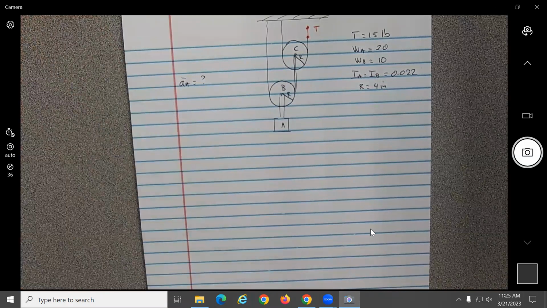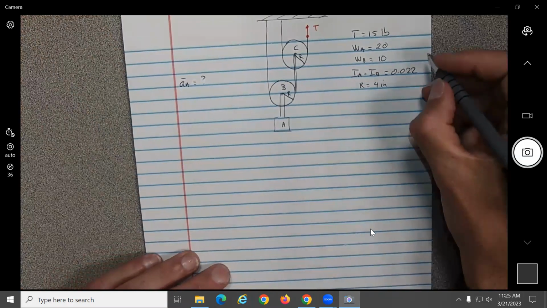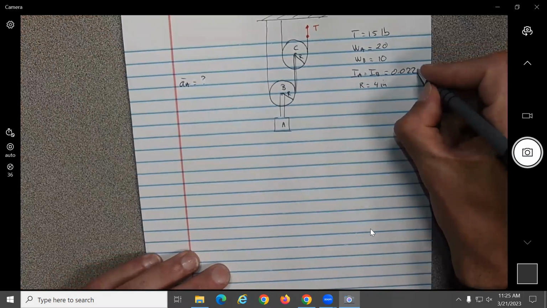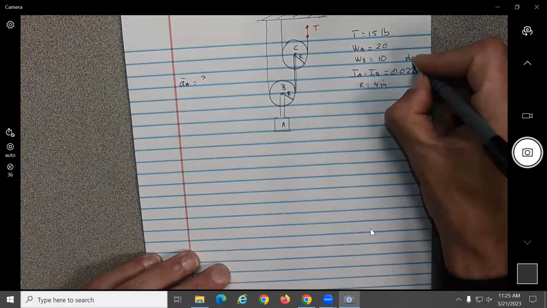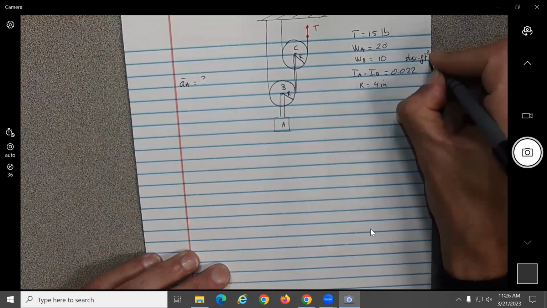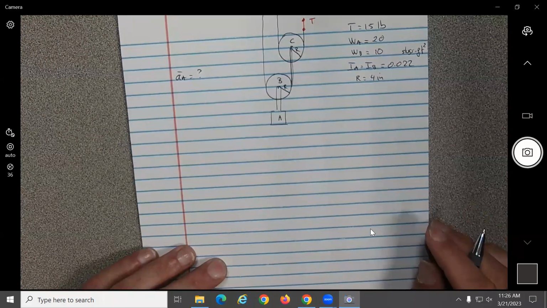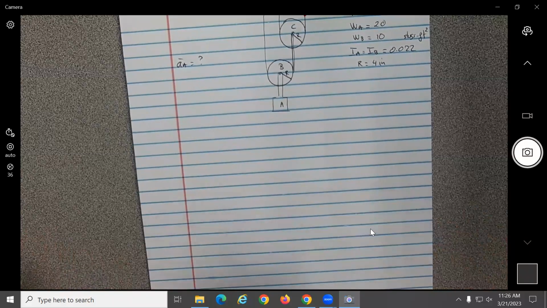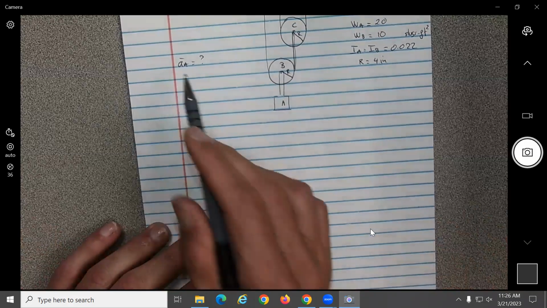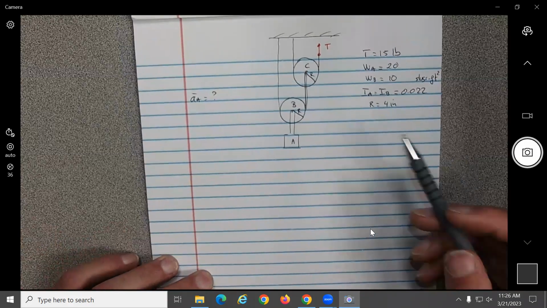That way, you can probably teach me something. Here, the only thing we need to be careful about is that the units for this one were slugs per foot squared, which probably means we're going to have to change the units, no? Okay, but what I'm interested in is not the numerical part, it's what we're going to be doing next. So you need to find the acceleration of A, and you know the forces.